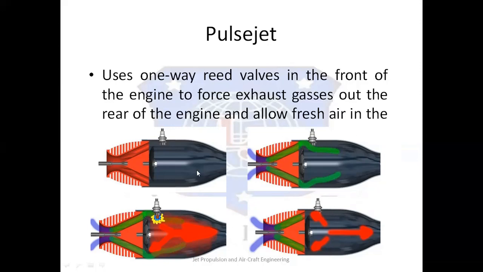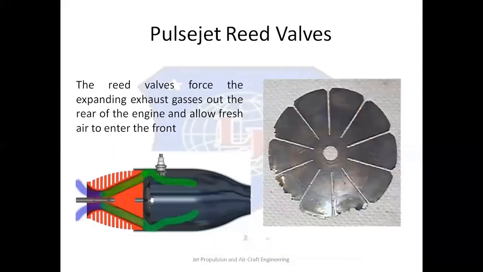As you can see, the fresh air enters the engine when the reed valve opens, then fuel is injected and the mixture of air and fuel is ignited with the help of a spark plug, and then these combustible gases get out from the engine through the nozzles, where the high pressure gases are converted into high velocity, and this comes out in the form of a jet, which produces the thrust.